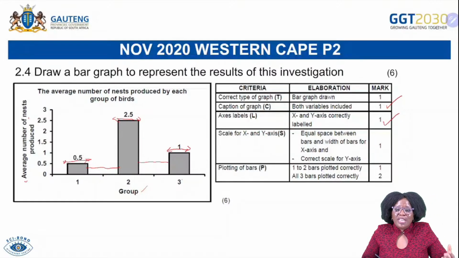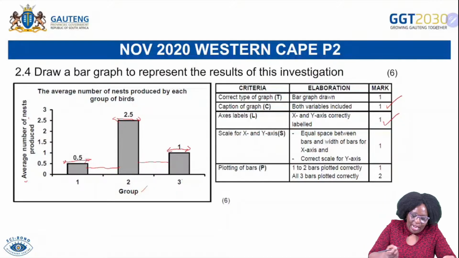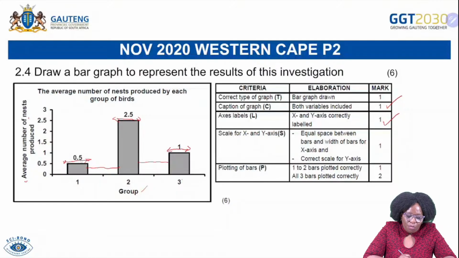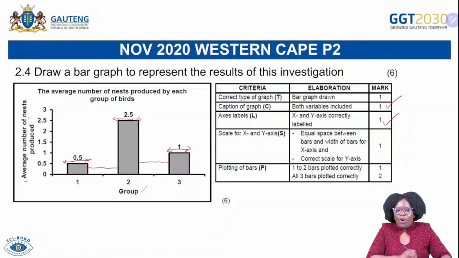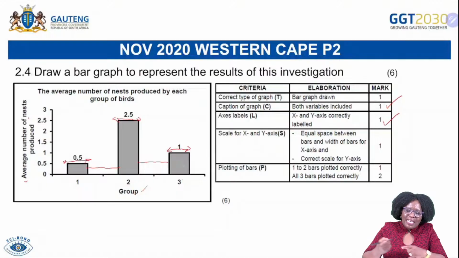Also, if you want to be a smart learner, just write the information that is given on the table. Like you can see group 1, the outcome was 0.5 and 2.5, and then for group 3, it was 1. This makes it easy for the person that is marking your graph to track down the bars and what they represent. But check the y-axis.